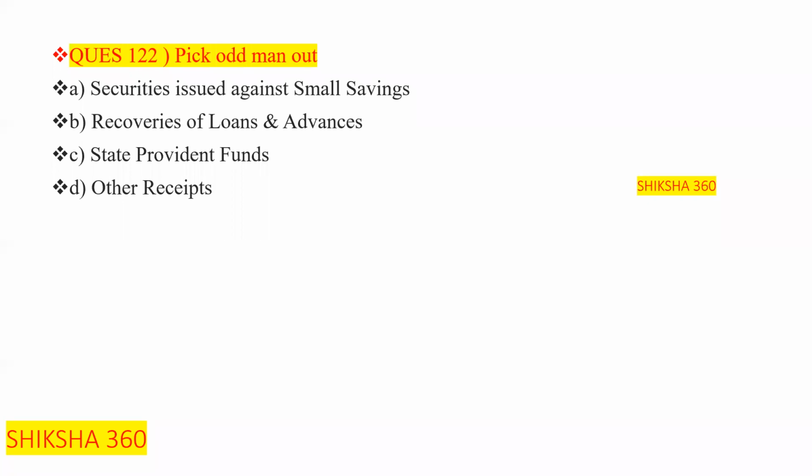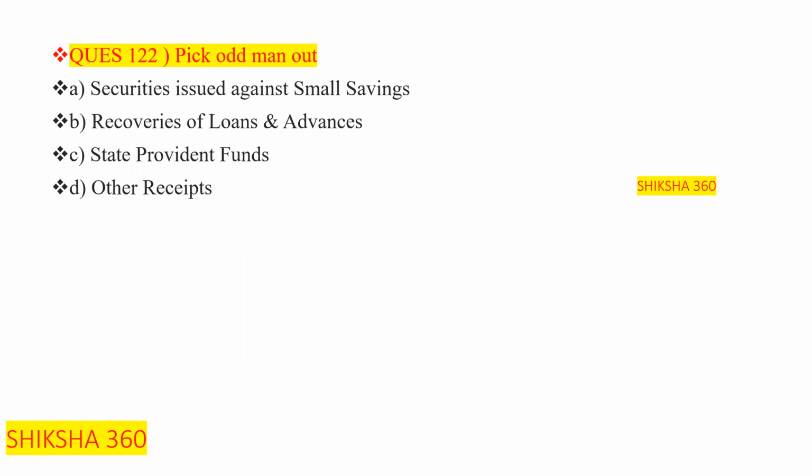First one is securities issued against small savings. Second one is recovery of loans and advances. Third one is state provident funds. Fourth one is other SIPs.